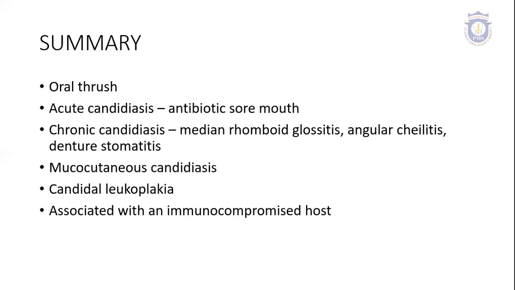So, a most common example is an antibiotic sore mouth. The third form, chronic candidiasis. It includes median rhomboid glossitis, which is seen on the dorsum of the tongue, or angular cheilitis, as the name implies, it is seen on the commissures of the mouth, or denture stomatitis, seen in areas of denture mucosa.